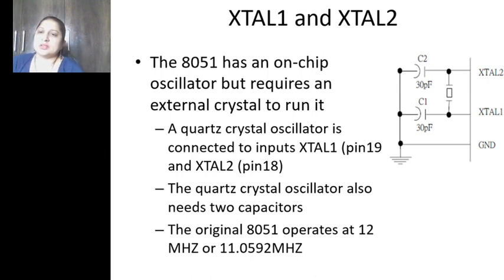This crystal oscillator needs two capacitors, which we can see as C1 and C2 in the diagram. Then 8051 will get the clock from the crystal oscillator generator, which operates at the clock frequency 12 megahertz and 11.0592 megahertz.